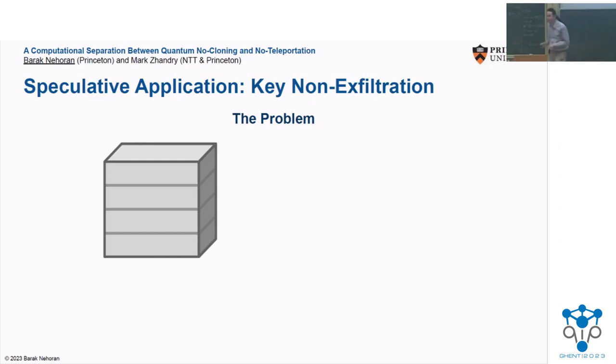The setting is as follows. Suppose that you have a server that's running cryptographic tasks for thousands or millions of clients. Specifically, it has some secret key. This is classical for now. And this key is being used to run all these cryptographic tasks for the clients.